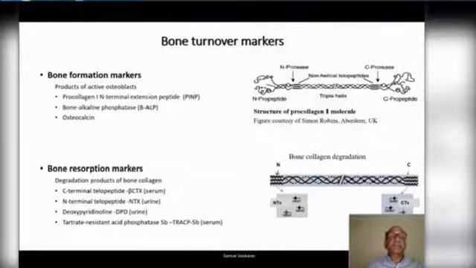These are released during different phases of bone formation, whereas bone resorption markers are degradation products of bone collagen, such as C-terminal telopeptide or beta-CTX, N-terminal telopeptide NTX, and deoxypyridinoline DPD, as well as tartrate-resistant acid phosphatase 5B, which is an enzyme released by osteoclasts. So these are the markers that we will focus on today.